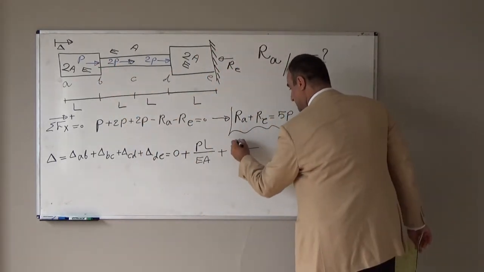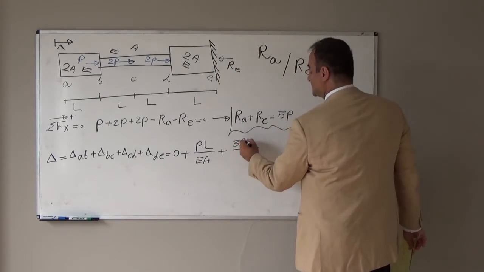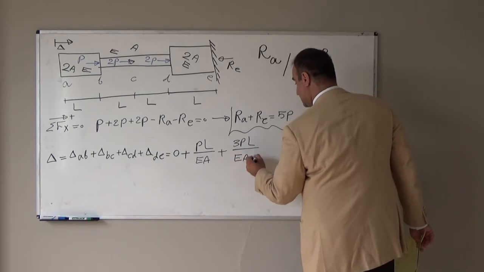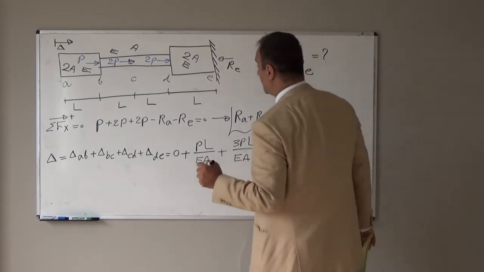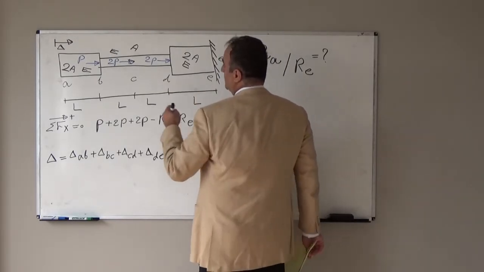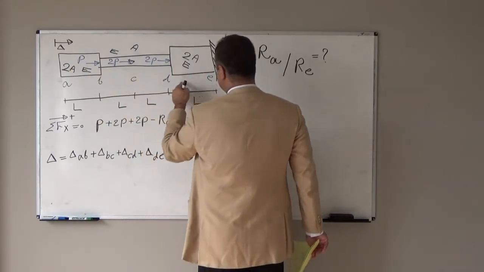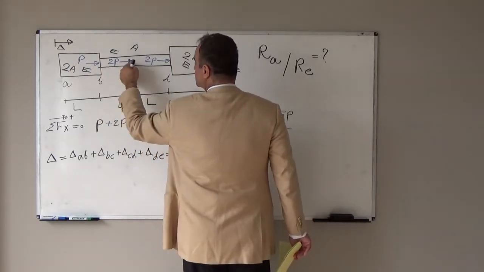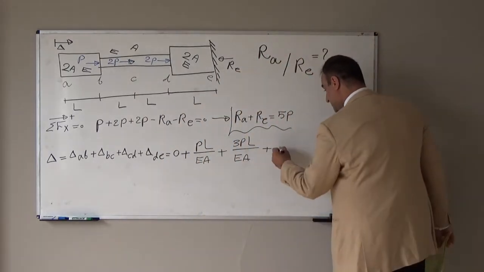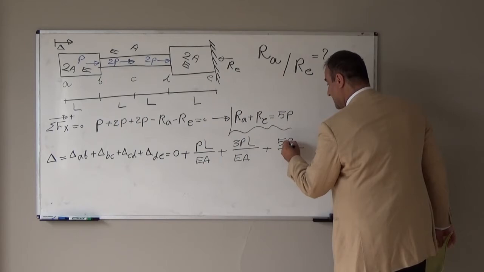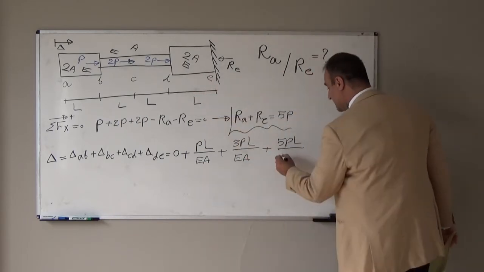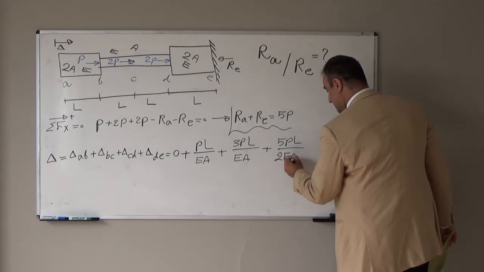So it will be internal force 3P times length L divided by EA again, plus internal force in DE part, which will be P plus 2P plus 2P. It will be 5P times length for this part, L, divided by EA. EA for that is 2EA.